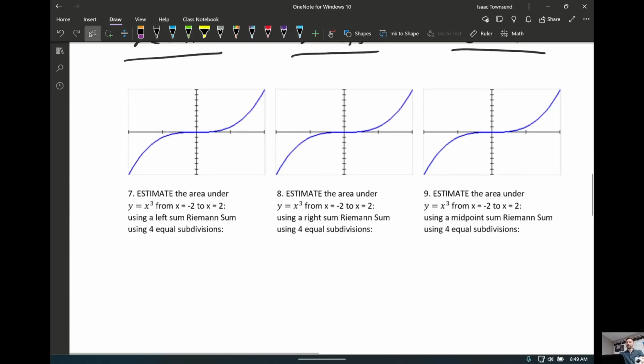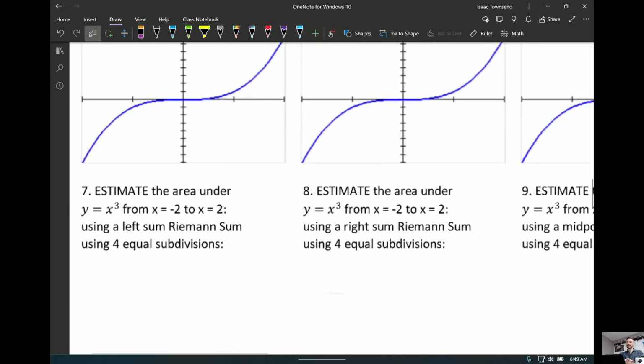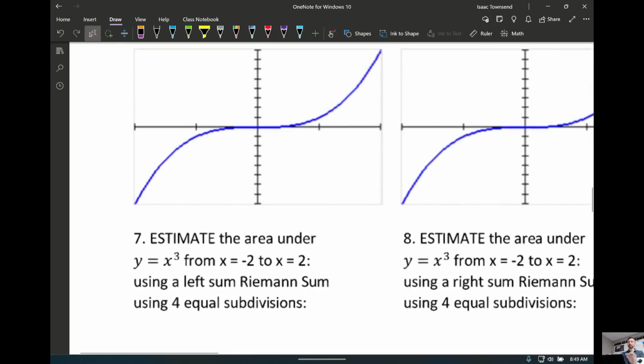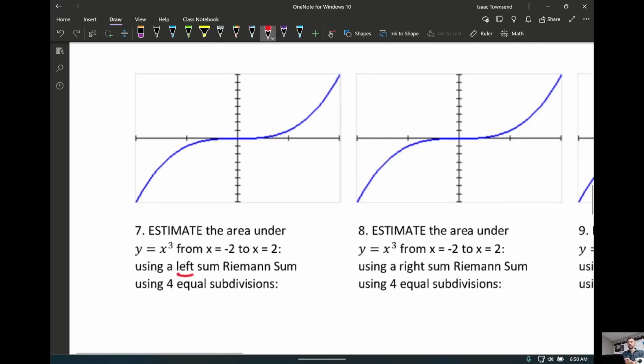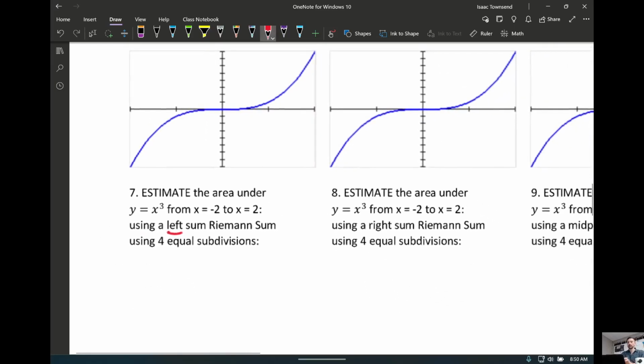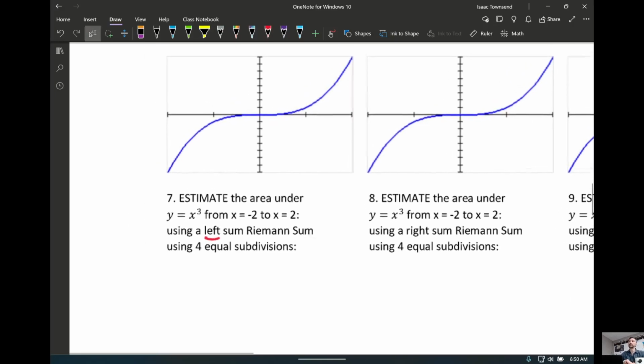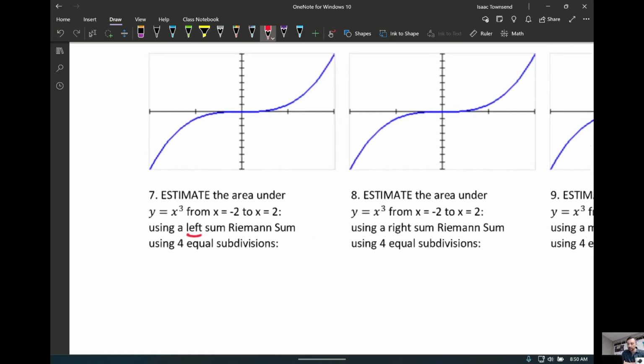Okay, I would like you to try this row as guided practice, but just one at a time. So here's x cubed. I tried to pick out numbers that are not too messy, -2 to 2. And I want 4 equal rectangles, and do a left Riemann sum. And then we will check it to make sure that there's not something you're overlooking.